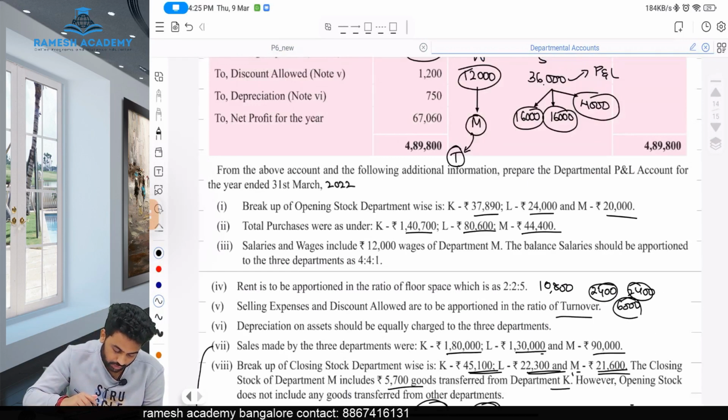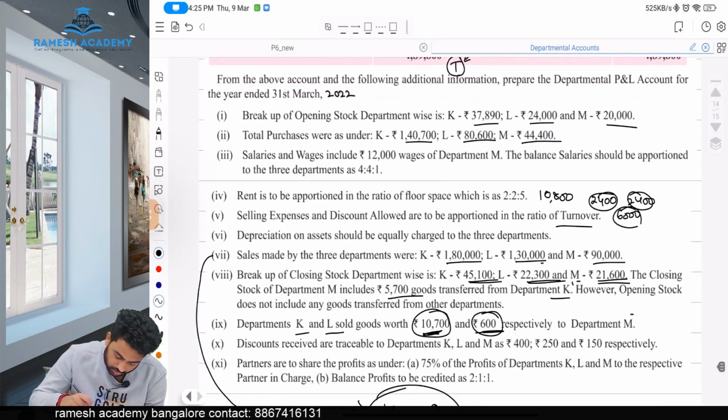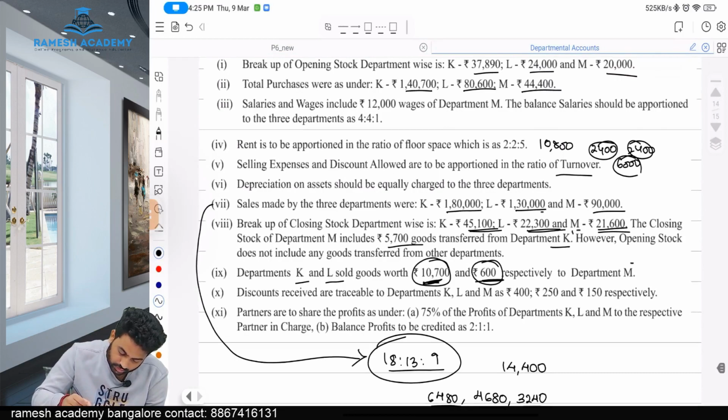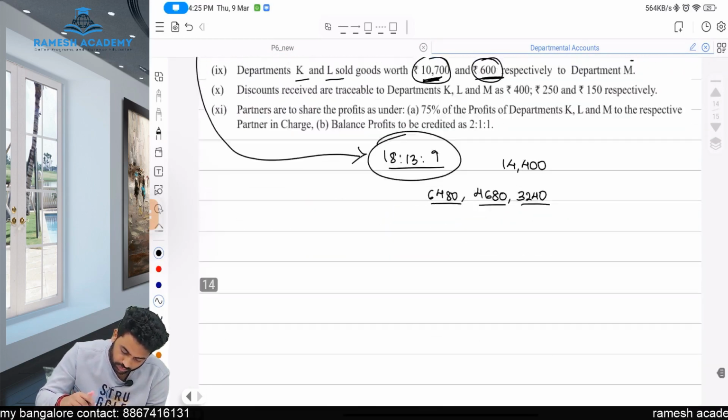Next, what are they asking? Next they are telling discount allowed, again on the ratio of turnover. How much is the discount allowed? It is 1,200.